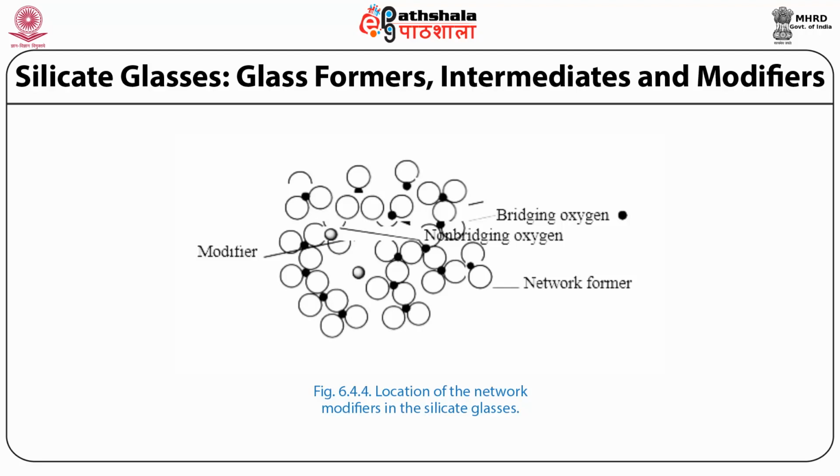So the ratio becomes 5:2, which comes out to be 2.5. Now substituting the value of R and calculating the values of X and Y, we get X equal to 1 and Y equal to 3. The values of X, Y, R are already given in the table which we have discussed earlier for a few glass compositions.